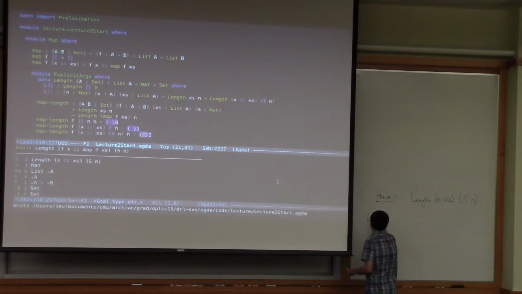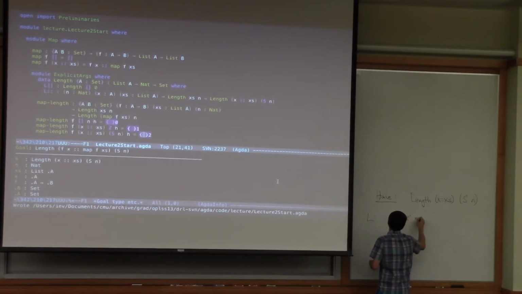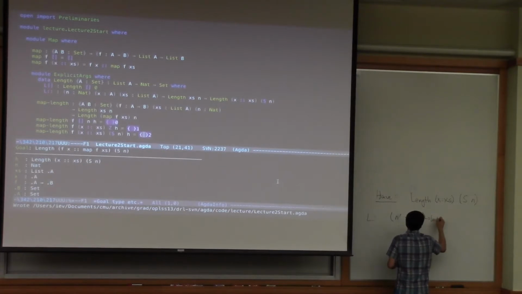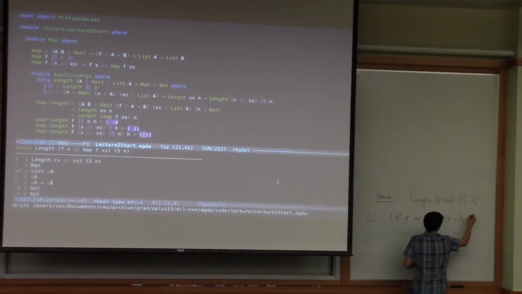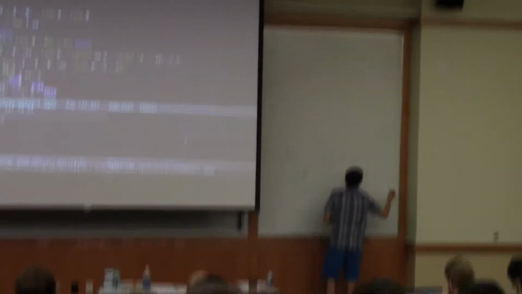So lcons has type, if I rename the variables, for all n prime, x's prime, and then what it comes up with is length of x prime cons x's prime, successor of n prime.